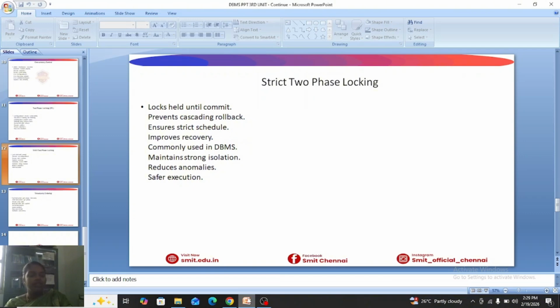How strictly it works: it has the growing phase and then the shrinking phase, same as said before. The properties include conflict serializability, recoverable, cascadeless, prevents dirty reads, and may also cause deadlocks in it.